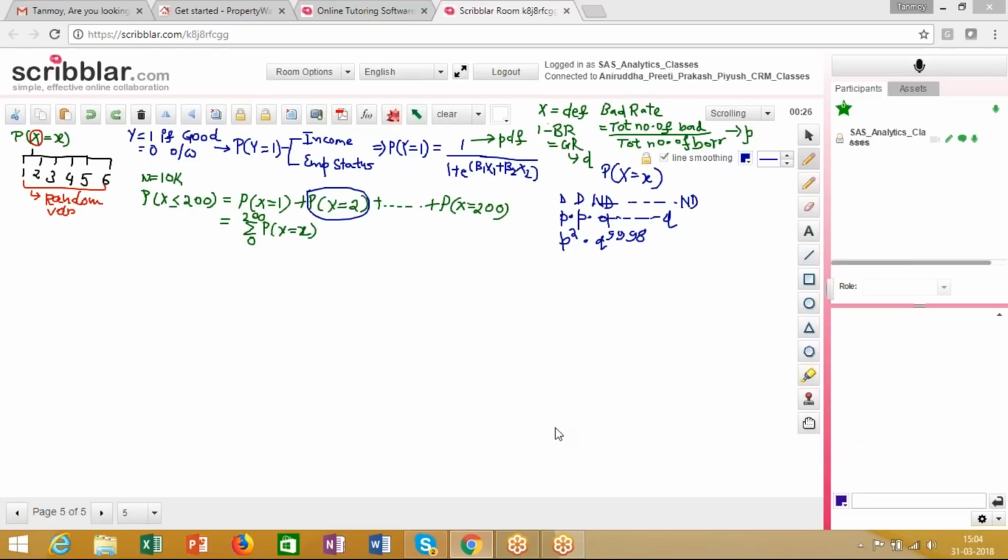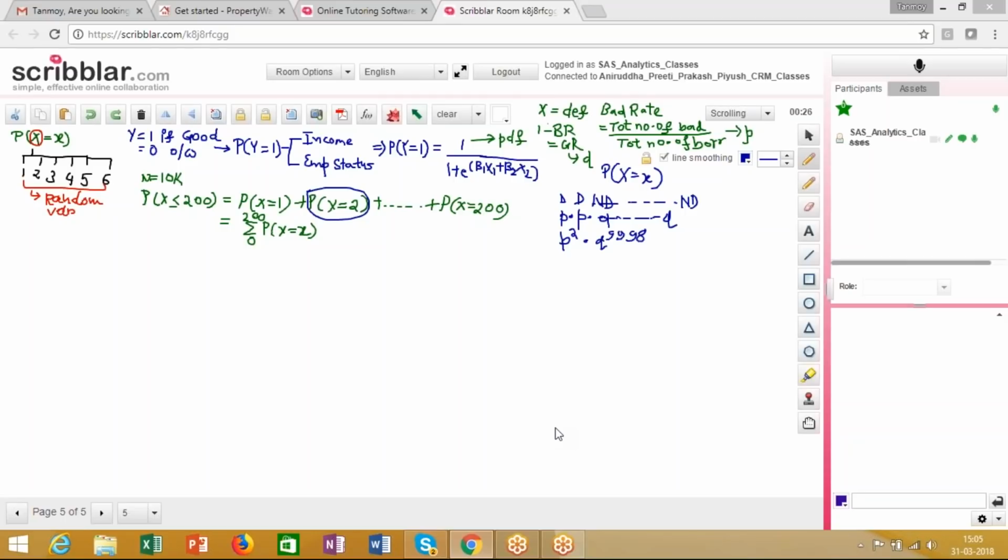One success can occur in the beginning and the last success at the end, with all failures in between, or one success occurs in the second position and another in the 10th position, with all the remaining being failures, and this can happen in any possible way. Therefore, we need to take into account all the possible selections. So this is the probability for one selection.